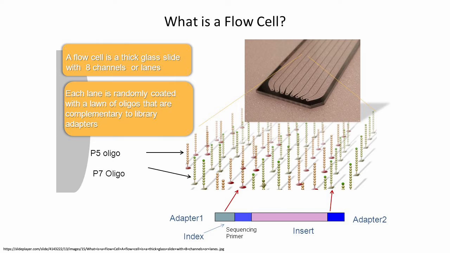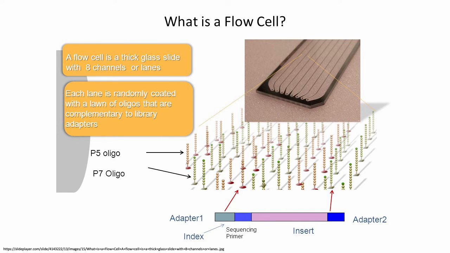And so central to Illumina sequencing technology is what's called the flow cell. The flow cell is basically just a glass slide that has different lanes imprinted on it. Within each lane, you have a set of oligos that are covalently attached to the glass slide. These oligos have complementary P5 and P7 sequences on them.